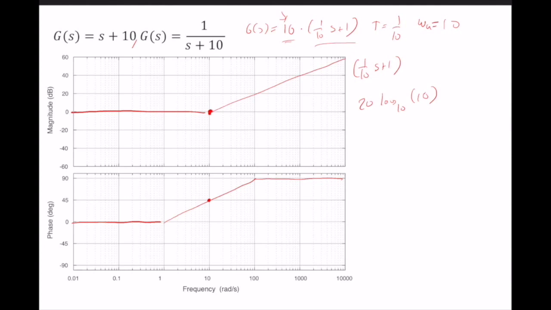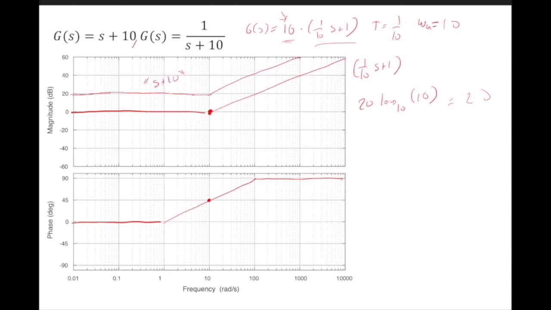And what is log 10 of 10? It's equal to 1, so it's 20. I need to add 20 to this. So let's do that. This is now the Bode plot of s plus 10.